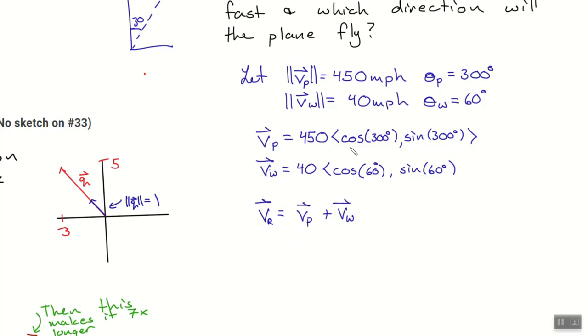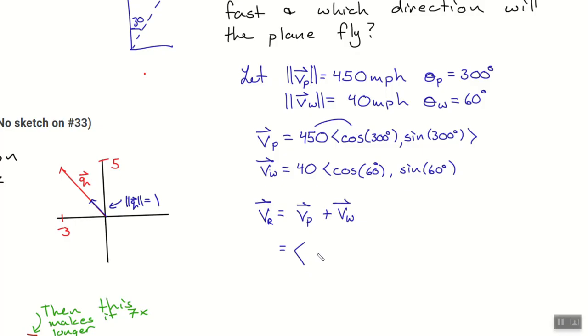I need to know 450 cos 300. And I'm not going to rewrite these vectors. All that I'm doing is this part here. That's the x coordinate. What is the x of the plane? 450 cosine of 300. Well, gosh, 300 is just negative 60, so I bet it's 225.